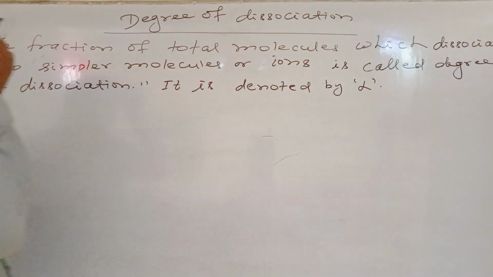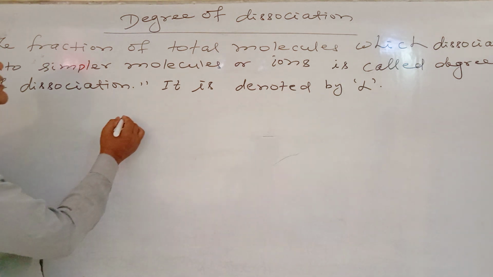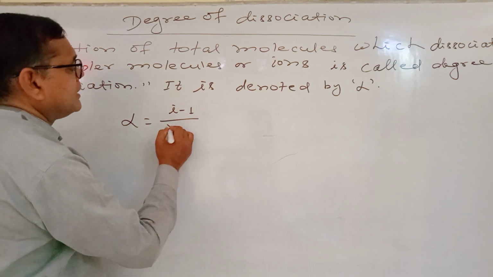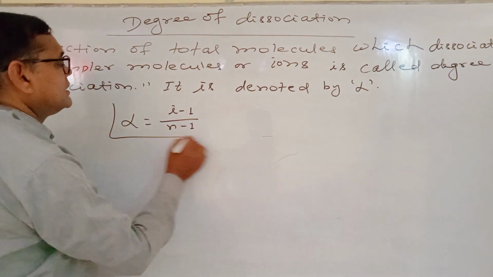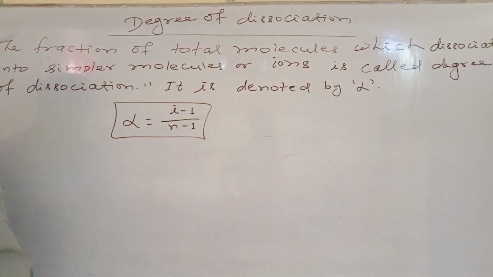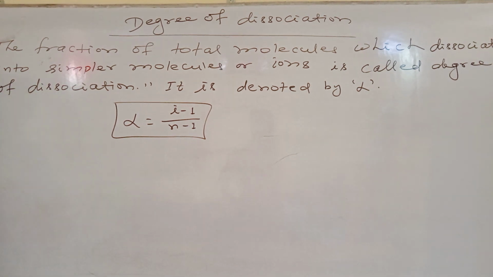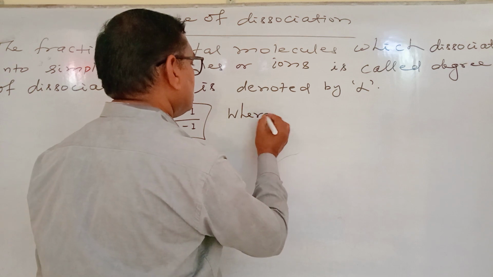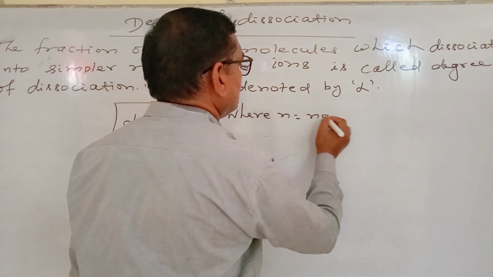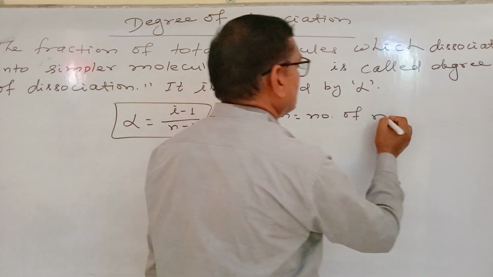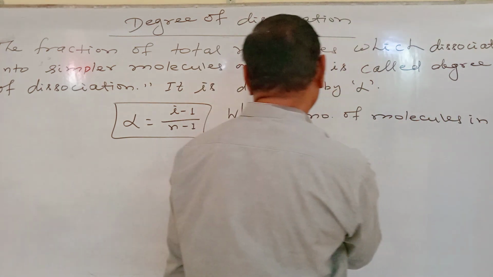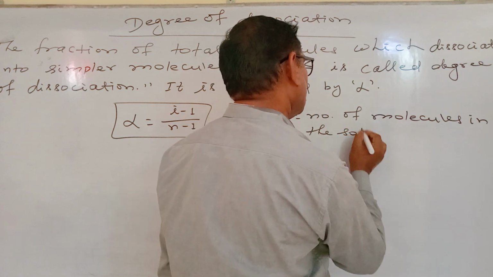We write a formula which indicates degree of dissociation. Alpha is equal to i minus 1 upon n minus 1. It is a very important formula for degree of dissociation, where n is equal to number of molecules in the solution.